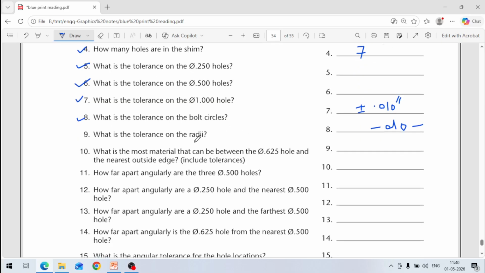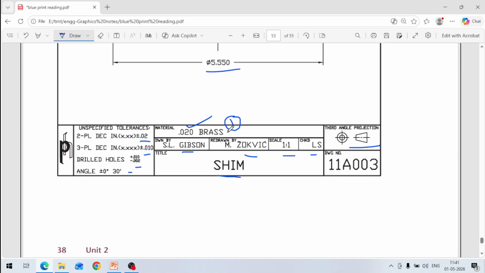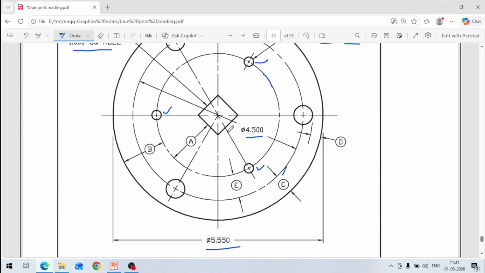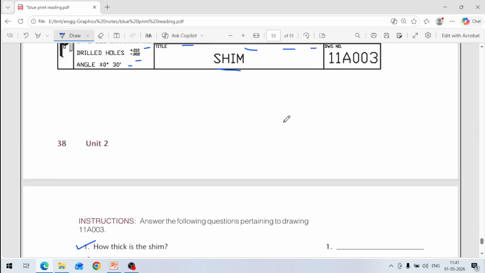Okay, 9. What is the tolerance on radii? This is radius 0.15. This is also in 2 digits. 2 digits means how much is the tolerance?